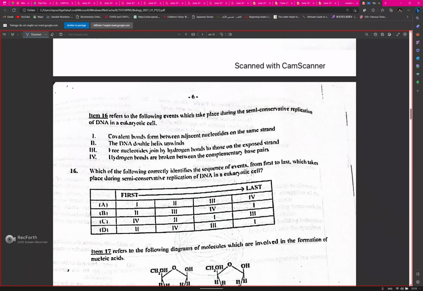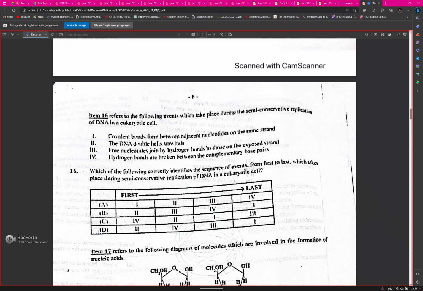And 4, hydrogen bonds are broken between the complementary base pairs. Which of the following correctly identifies the sequence of events from first to last?